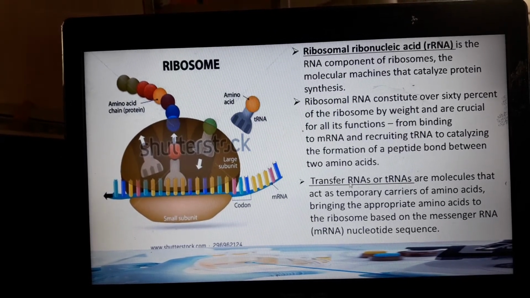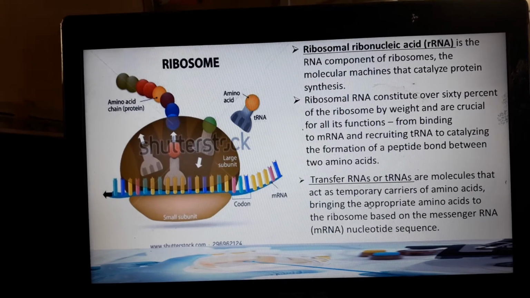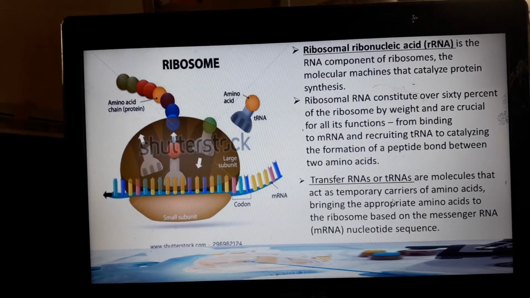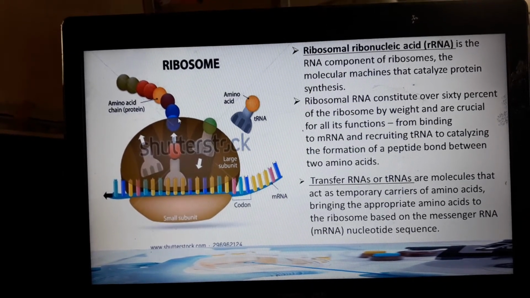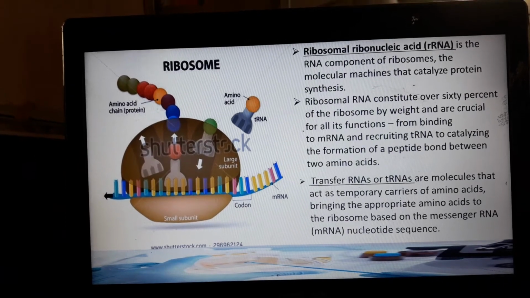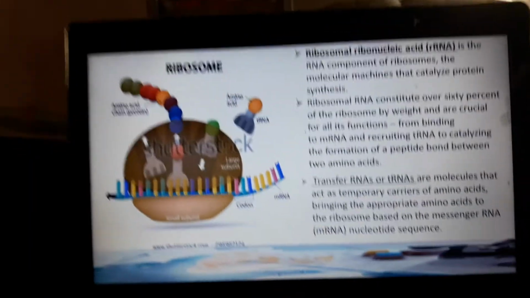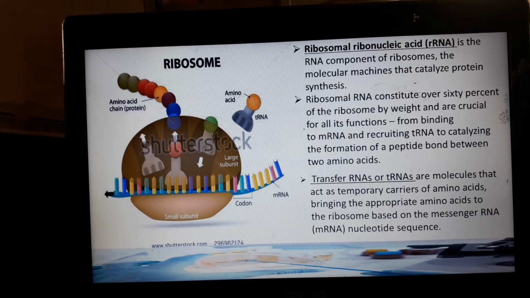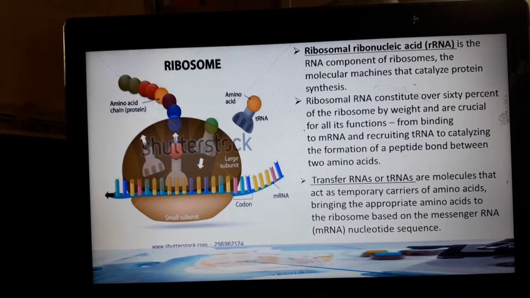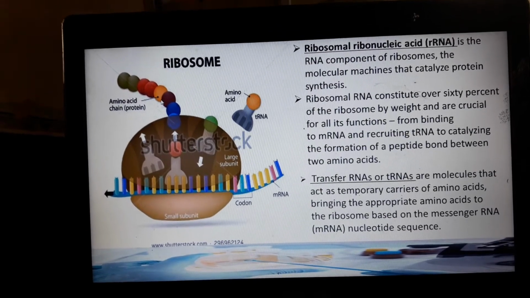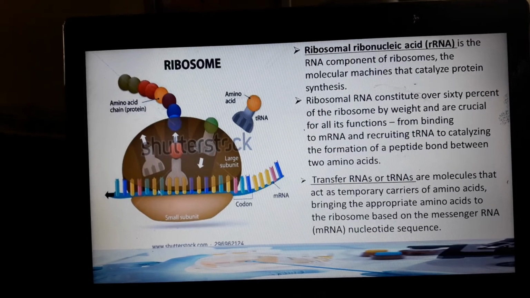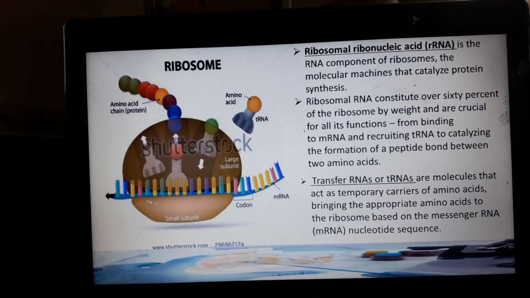Okay? So transfer RNA or tRNA are molecules that act as temporary carriers of amino acids. So usually, take note, they are carriers of these amino acids. So during the protein synthesis process, usually the tRNA carries the amino acid, okay, and it enters the ribosomal subunit to synthesize proteins.